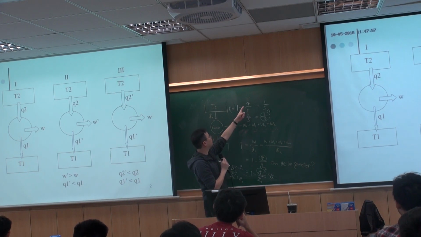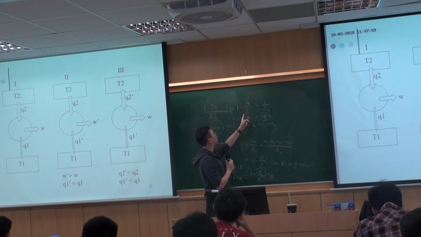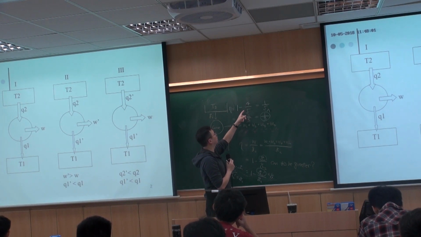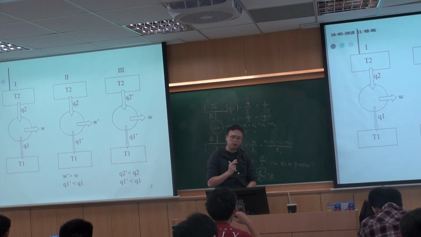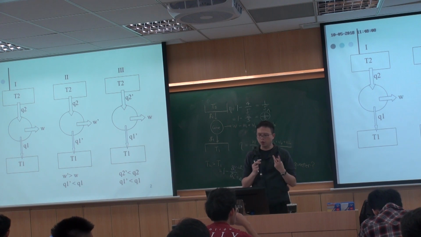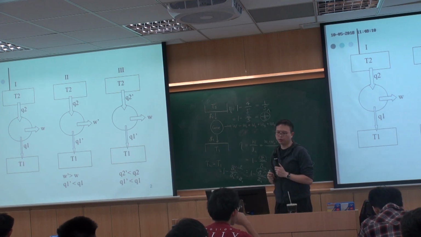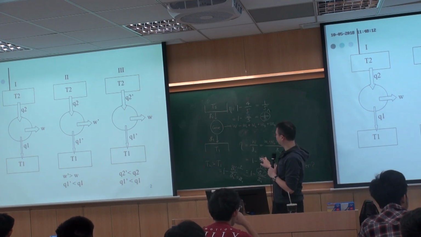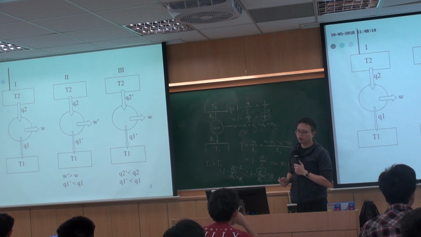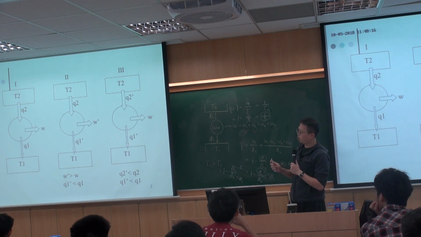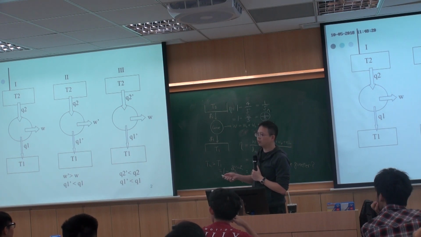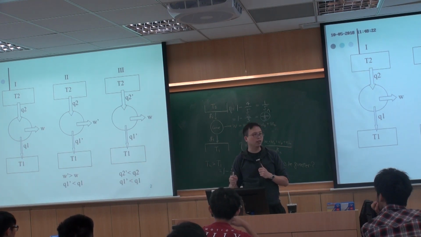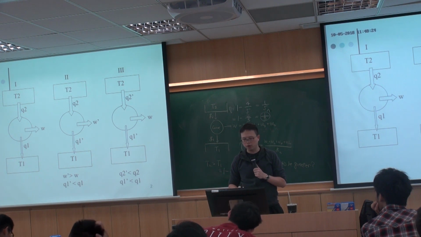So if you can reduce the heat of Q2 and the same for Q1, then you can increase the efficiency. So there are two ways to increase the efficiency from the original ideal Carnot engine. So right now, we already have these two imaginary heat engines that have efficiency greater than the Carnot cycle.